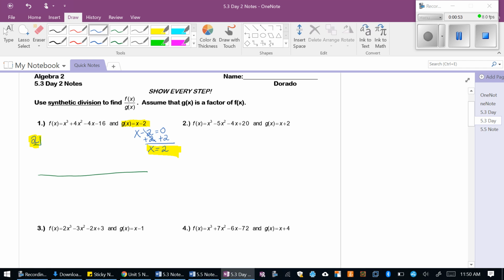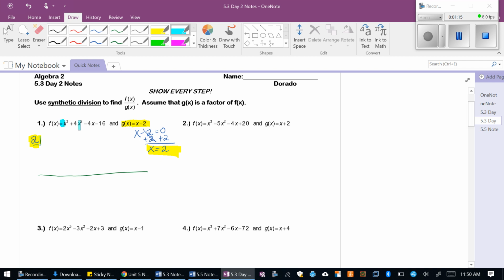Our next step was to write down the coefficients of all the terms in the polynomial for f of x. We want to make sure we have arranged these coefficients by the term degree, so we put the coefficient of the largest degree first and then go in descending order.